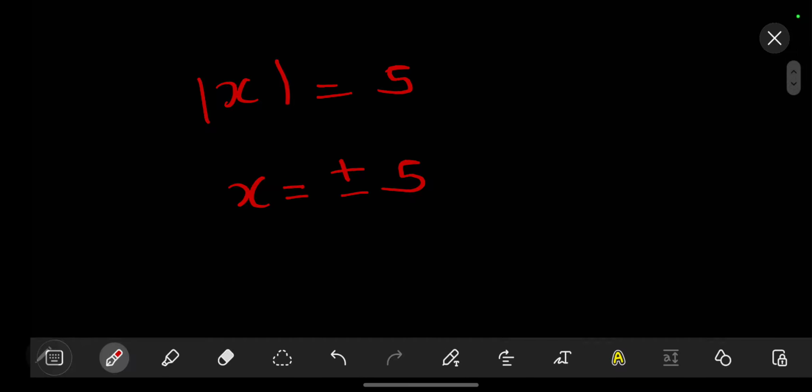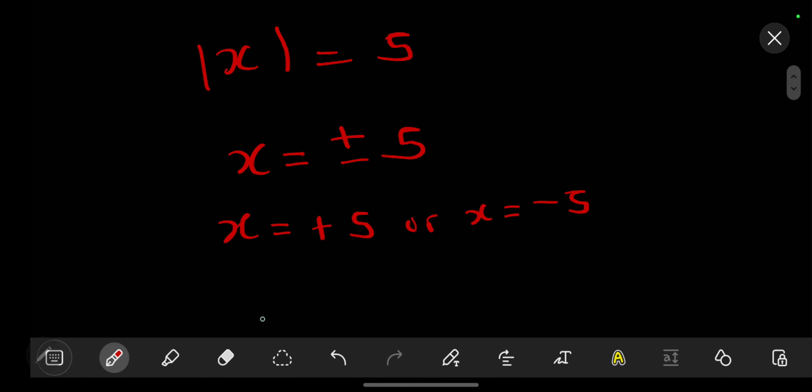This is the same as saying x is equal to positive 5 in this case, or x is equal to -5. Just substituting, when you put positive 5 where there is x, your value will also be equal to 5.